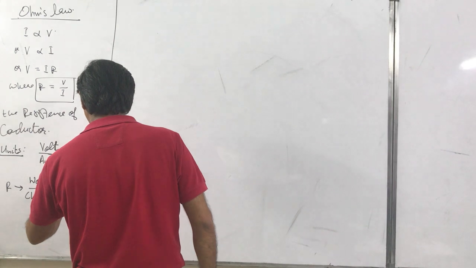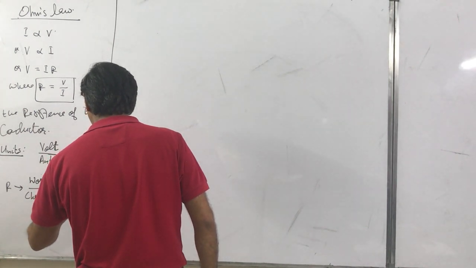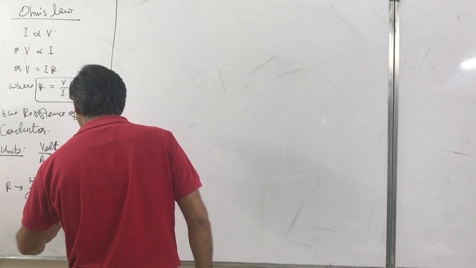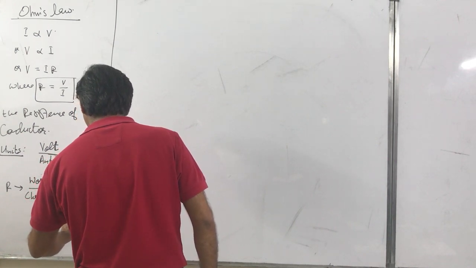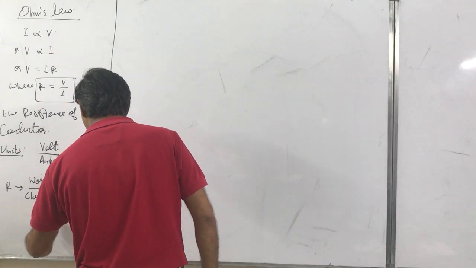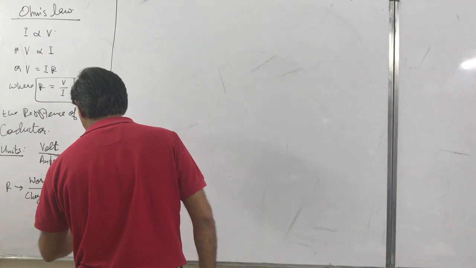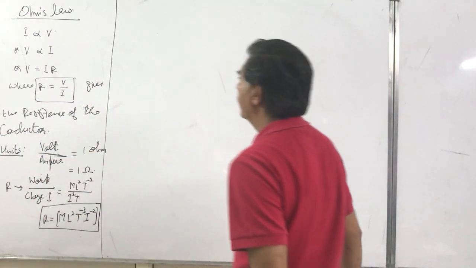Work is ML^2T^-2. Charge is IT, and this is I^2 T. And this will be ML^2T^-3 I^-2. This is R.